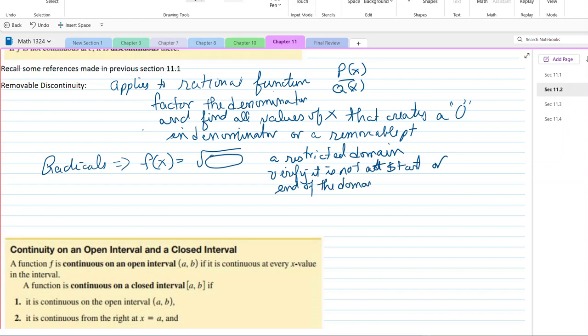Now, if it's at the start, we would have some x value to infinity. And if it's at the back end, because x is negative, then we would have, in this case, negative infinity to an x value. So the limit does not exist if we have one or the other.